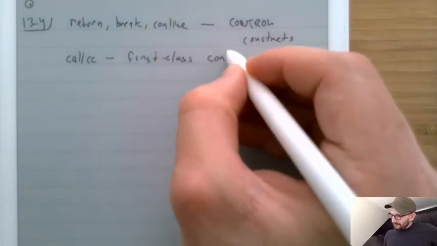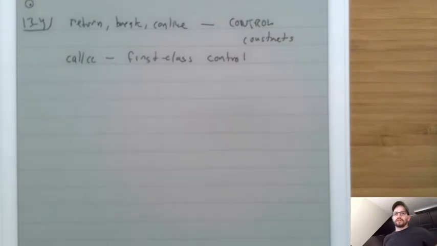There's this concept in programming languages called first-classness, which basically says, is some feature something that only the language designer has access to, or is it something that is treated equally with all other concepts in the language? So for instance, in a language, it's pretty typical for there to be first-class numbers, where you can write down any number you want.